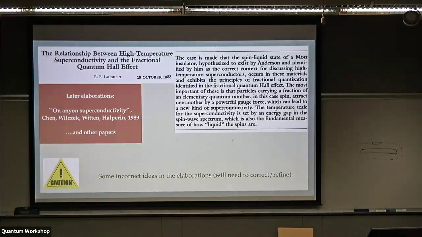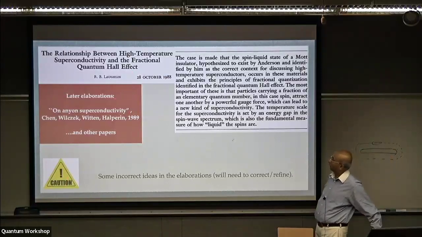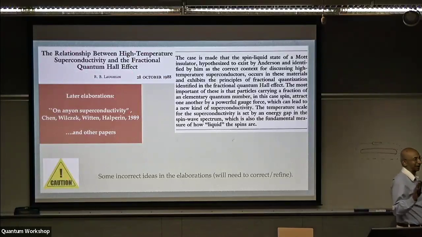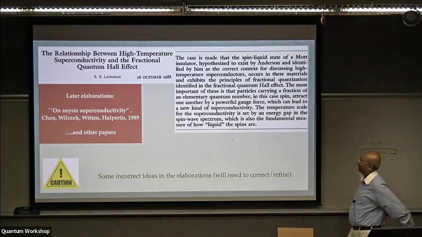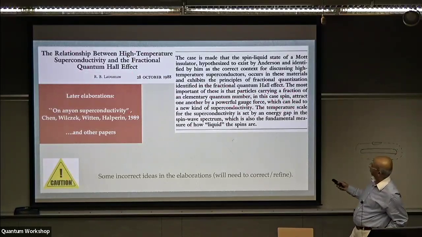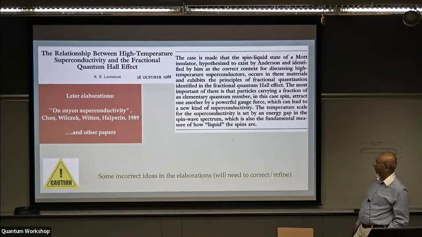But there was this paper with this wonderful title from 1988 by Bob Laughlin called The Relationship Between the Two Most Amazing Phenomena That Were Discovered in the 1980s. He claimed there was a relationship between the two. Right? There's the abstract of this paper, and you can read the sentence that these particles carrying a fraction of some quantum number attract one another by a powerful gauge force, which can lead to a new kind of superconductivity.